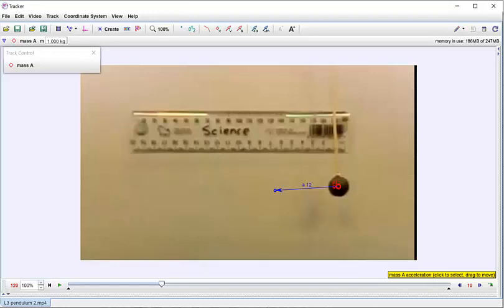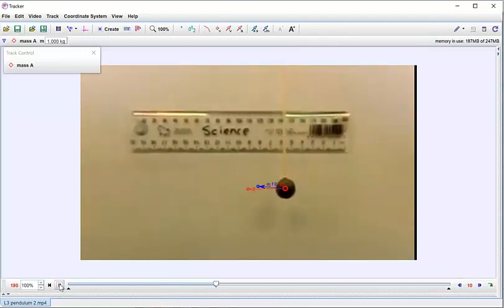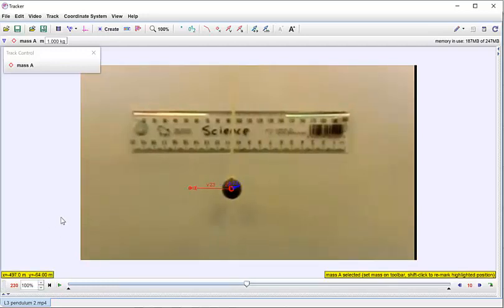So let's look at what happens at position 3. It's just hopped one frame too far here. At position 3 we can see that it's in its equilibrium position, so the displacement is 0. The velocity is now really big, but in the opposite direction, so it's towards the left, and the acceleration is also 0.